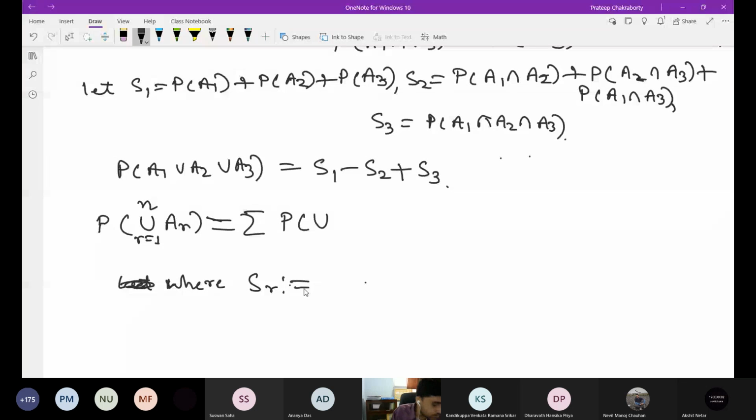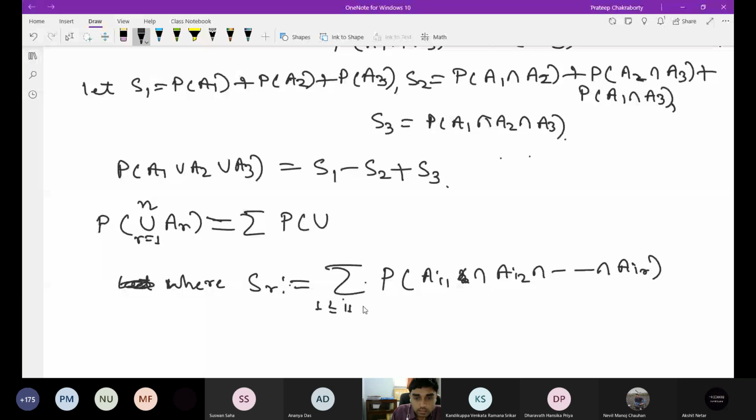So Sr is the summation of P(Ai1 intersection Ai2 intersection up to Air), where 1 is less than or equal to i1 less than i2 up to less than ir.